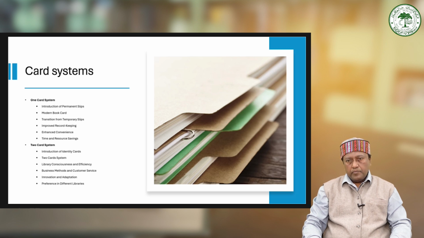And the transition to the one card system saved time and resources for both the readers and the library staff. The system eliminated the need for duplicate record keeping and reduced the risk of errors associated with manual data entry. So then from one card, we moved to the two card system.